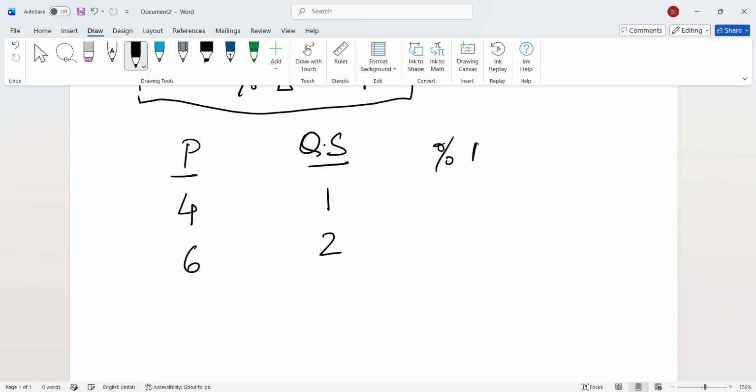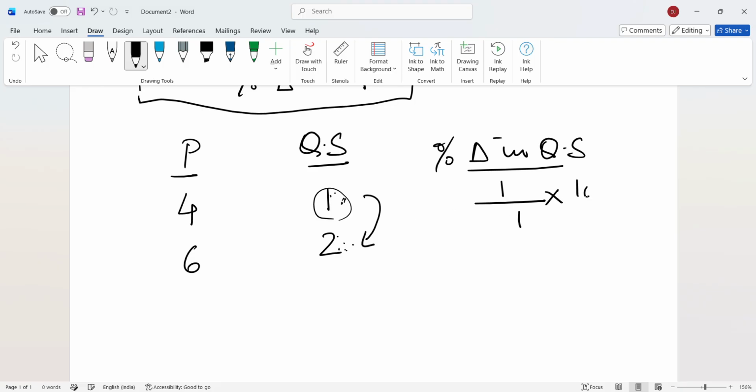How do you calculate it? It's just how you calculate a simple percentage change. The change in quantity from this to this is 2 minus 1, that's 1, divided by your original quantity, that's 1, into 100.